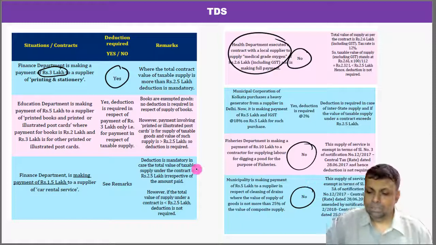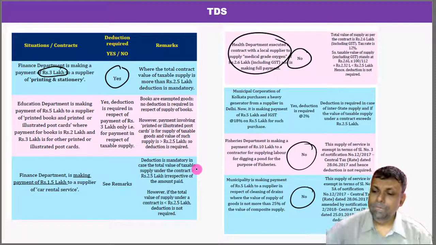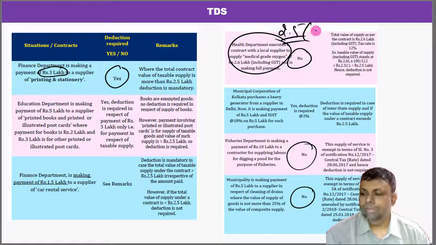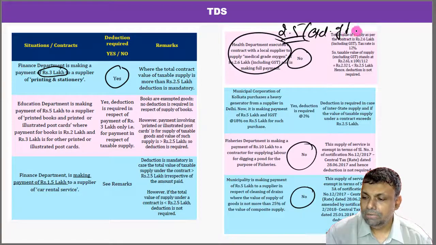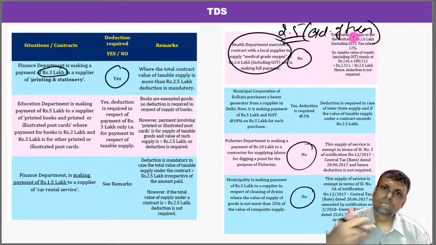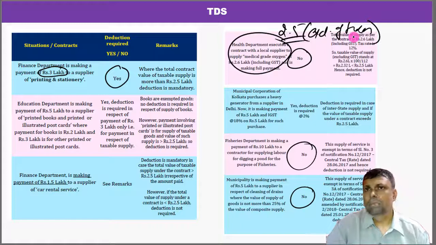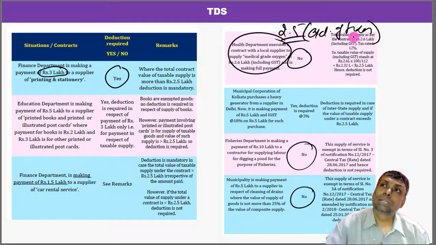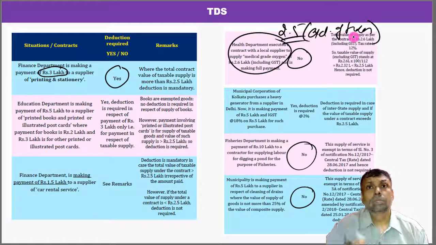Now further, the board has also clarified that the limit, which is your 2.5 lakh rupees, is all exclusive of taxes. I repeat, there could be a complication that two persons in the market may say that the contract value is, for example, 2,60,000 rupees. So you will feel that 2,60,000 rupees is more than 2,50,000 rupees, so TDS provisions will be applicable.